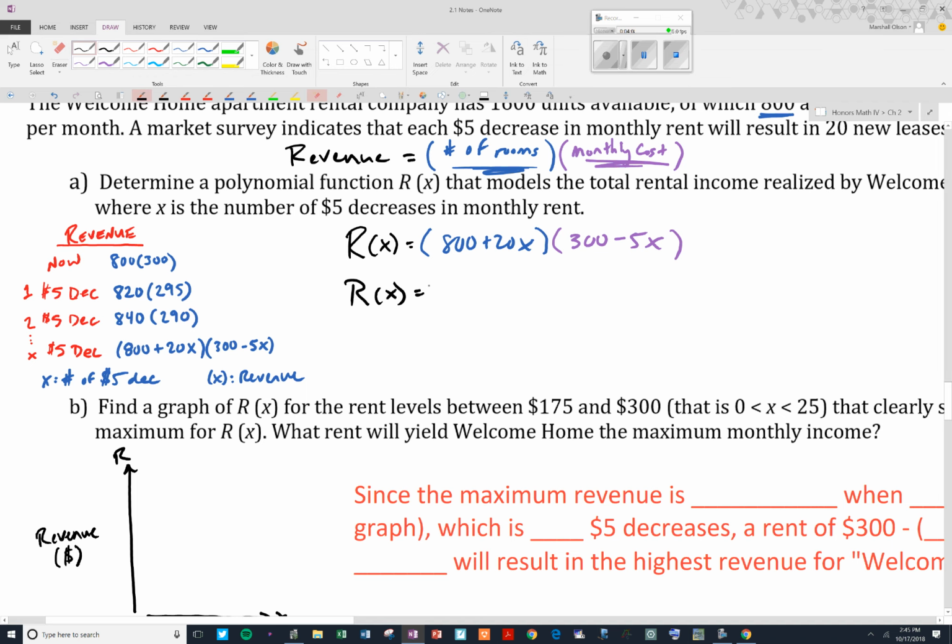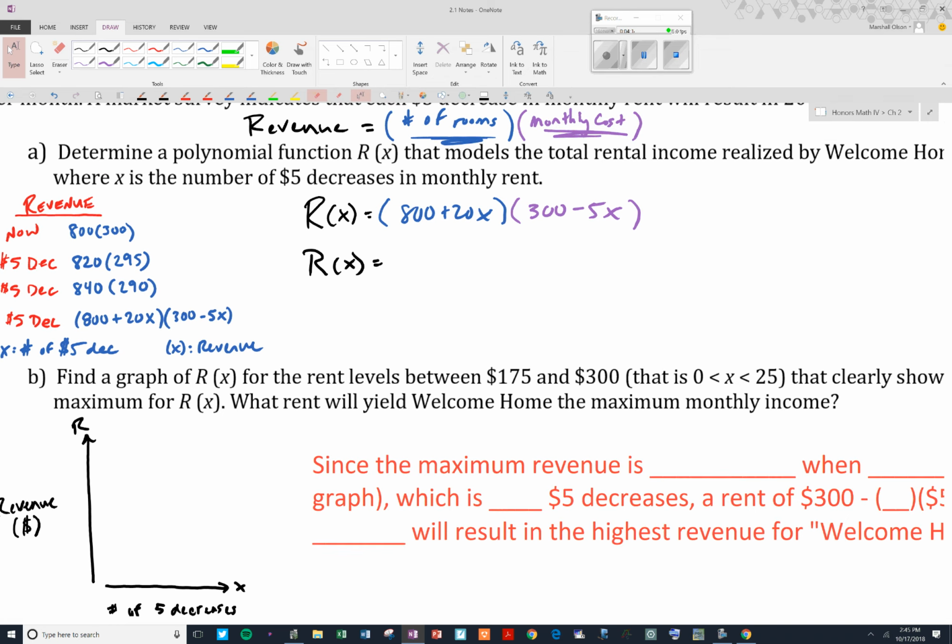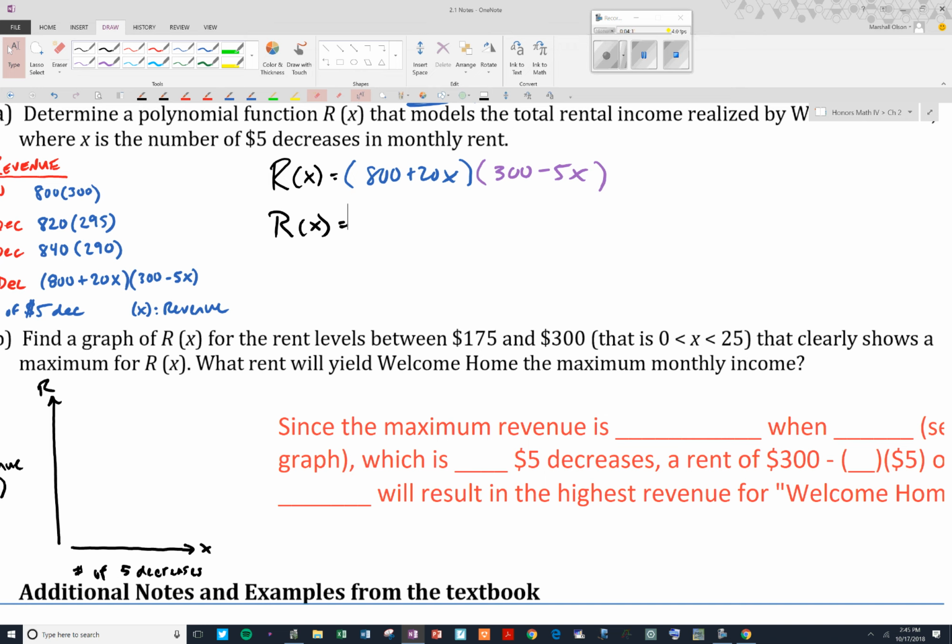If you want, pause the video, take a second, distribute that out, and put that in standard form. And here's what you should end up getting: negative 100x squared plus 2000x plus 240,000, with the quadratic term first.